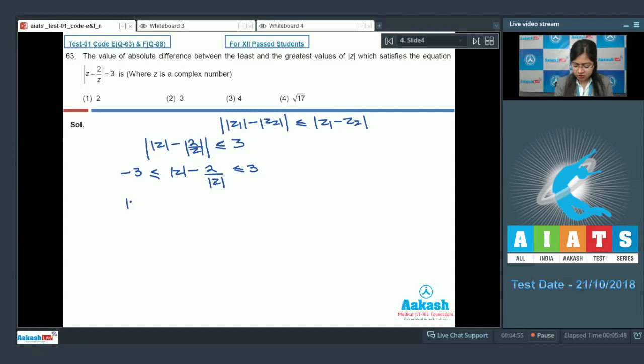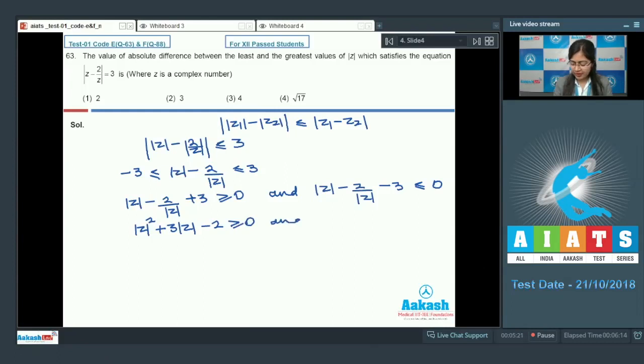Now here, solving the two inequalities, that is mod z minus 2 upon mod z plus 3 greater than or equal to 0 and mod z minus 2 upon mod z minus 3 less than or equal to 0. Multiplying by mod z, we get mod z whole square plus 3 into mod z minus 2 is greater than or equal to 0 and mod z whole square minus 3 into mod z minus 2 is less than or equal to 0.